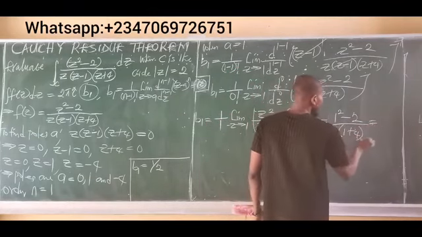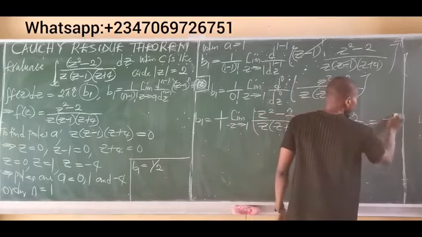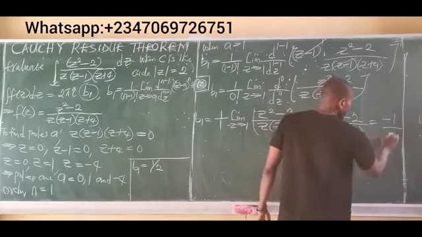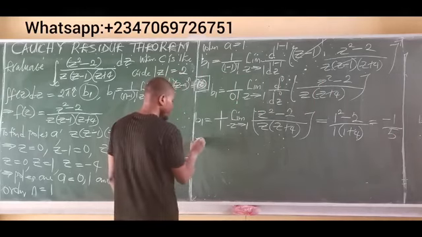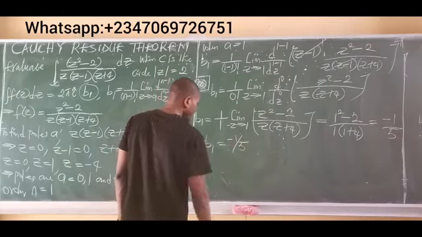This is equal to 1 squared is 1, 1 minus 2 remains minus 1, all over 1 plus 4 is 5, 5 times 1 remains 5. So the second residue, B1, is minus 1 divided by 5.